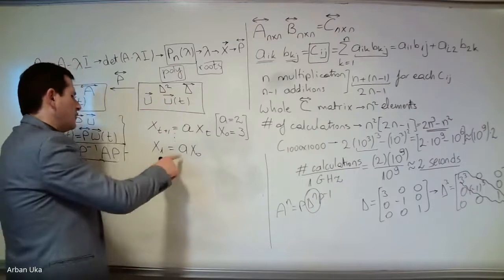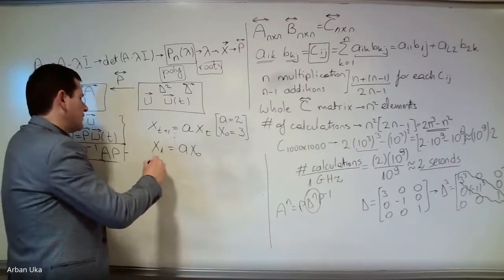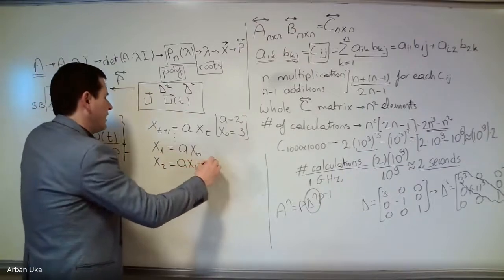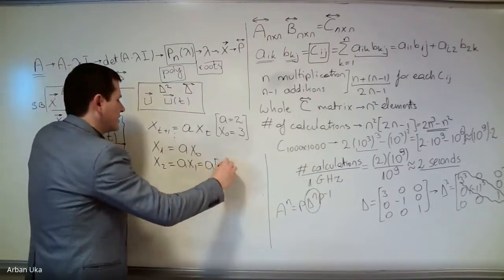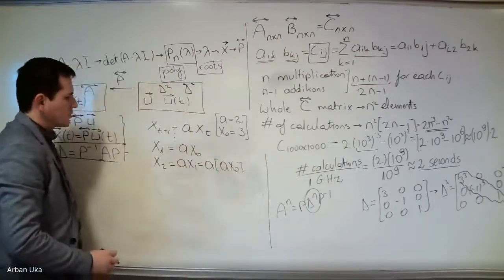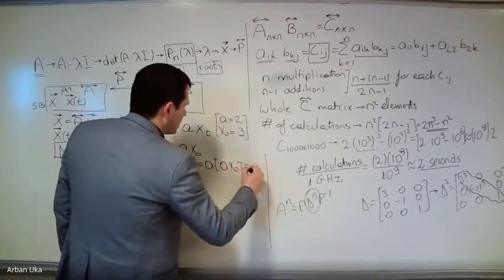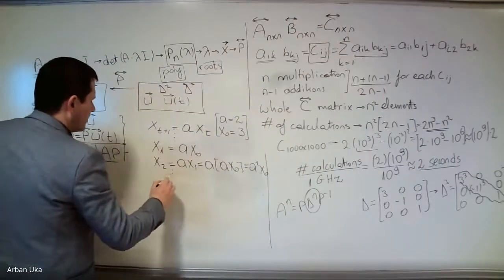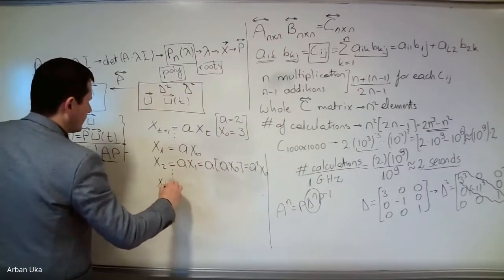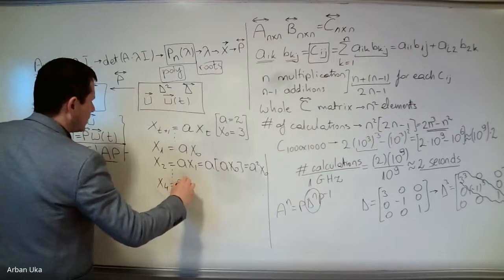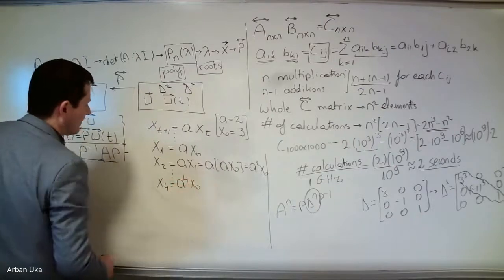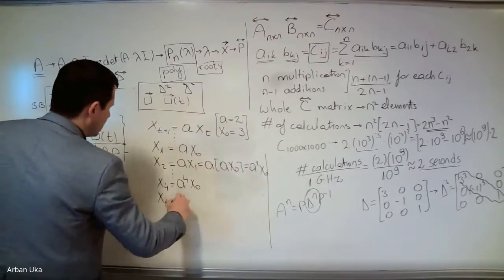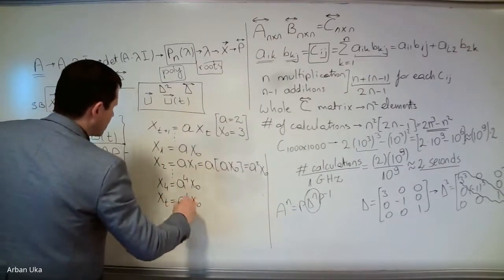And then if we have x1 equal to a x0, x2 would be a x1, so it's a times a x0, right? So we can write that this is equal to a squared x0. Then similarly, we get that x4, after 4 generations, is equal to a to the power 4 times x0. And similarly, we can say that xt is equal to a to the power t times x0.